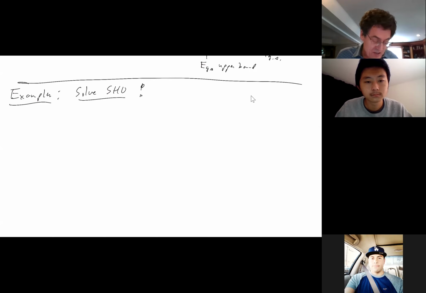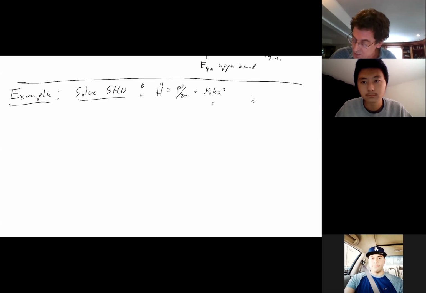And so here's the Hamiltonian. So somebody gives you this weird Hamiltonian. They say, hey, check this out. Suppose I have this. This is my Hamiltonian, p squared over 2m, kinetic energy plus potential energy, 1/2 kx squared. So that's the simple harmonic oscillator, right? That's the spring. That's the potential energy of a spring.